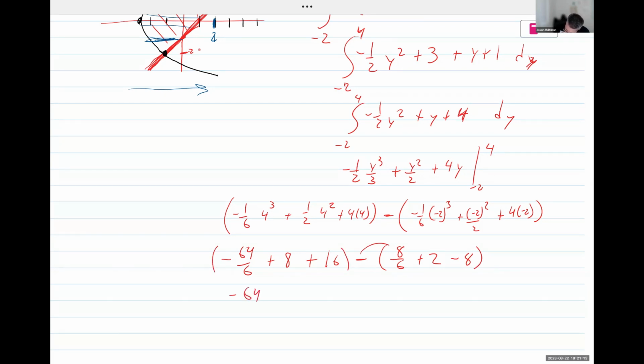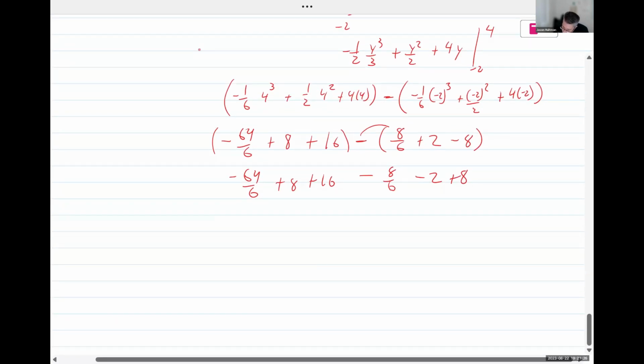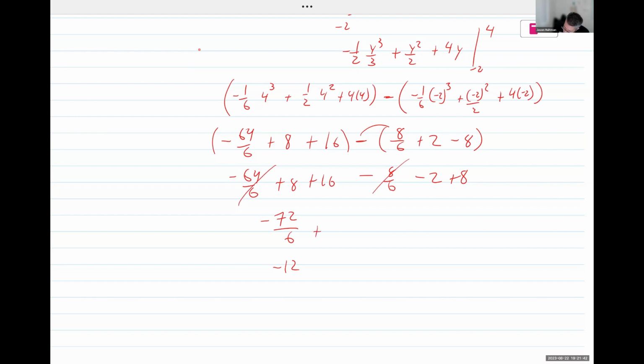So this is negative 64/6 plus 8 plus 16 minus 8/6 minus 2 plus 8. Negative 64/6 plus negative 8/6 is negative 72/6, which is just negative 12. Plus 8 plus 16, that's 24.